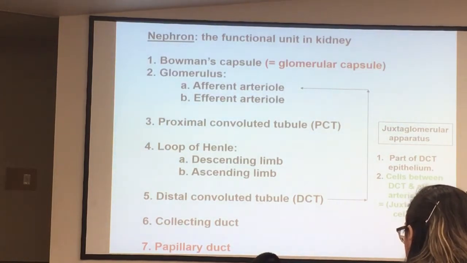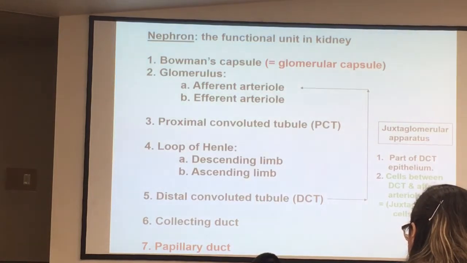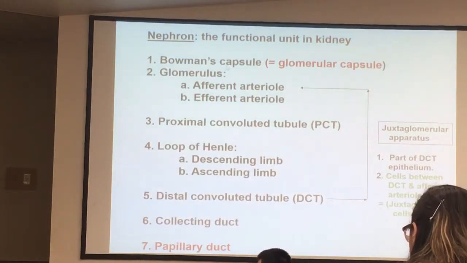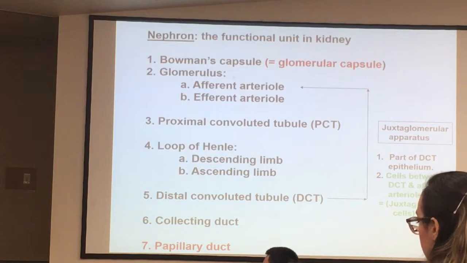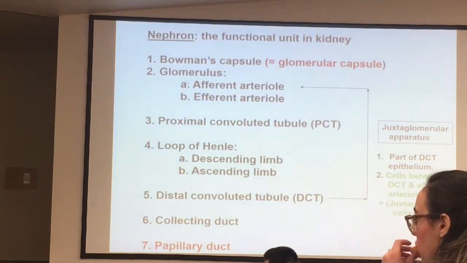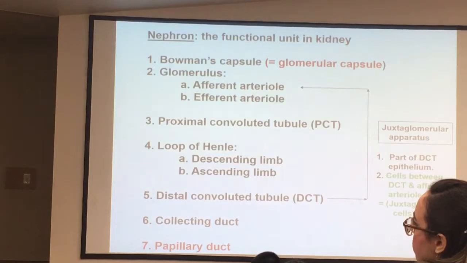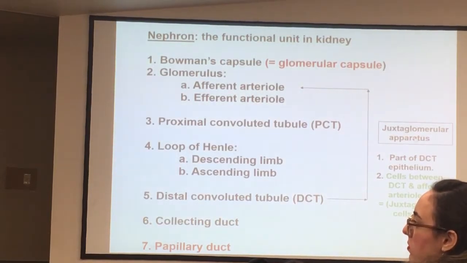Now we can go back to look at the nephron and be clear. It has the tubule, Bowman's capsule or glomerular capsule, blood capillary bed, glomerulus, efferent arteriole, PCT, loop of Henle, DCT, and from the DCT they twist back to the junction of the efferent arteriole, and we call it the juxtaglomerular complex or apparatus.